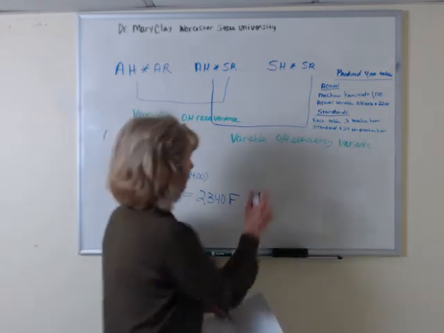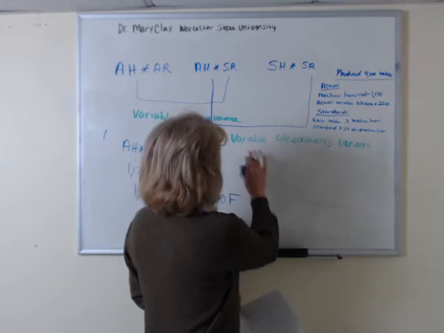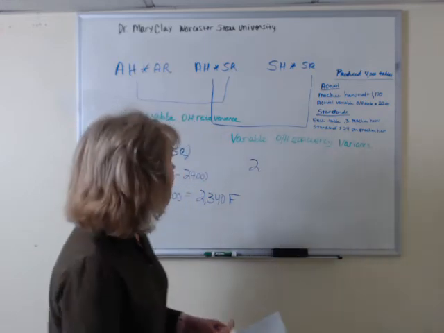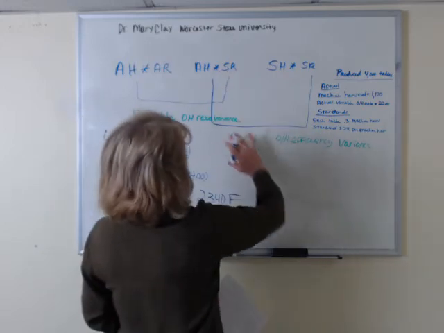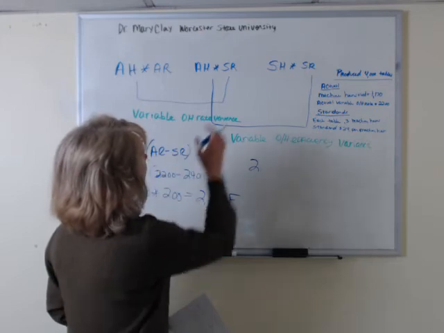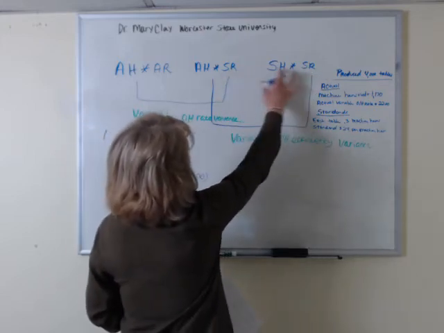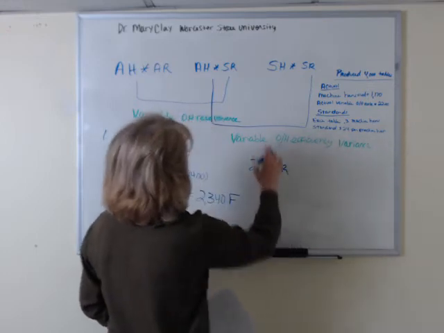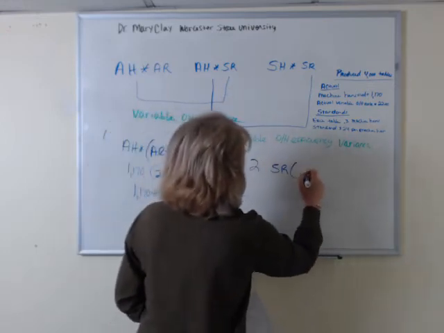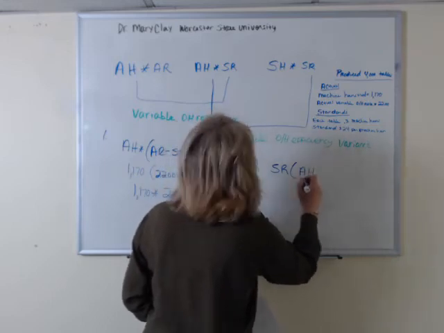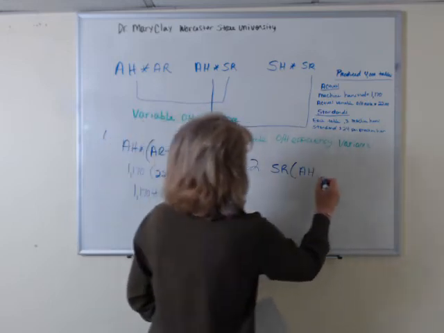Here's number 2. Now you're going to calculate the variable overhead efficiency variance. Again, I'm going to work right from this summary. What's different? The standard rate is exactly the same, so that's going to be on the outside of the parentheses. On the inside is going to be the actual hours minus the standard hours.